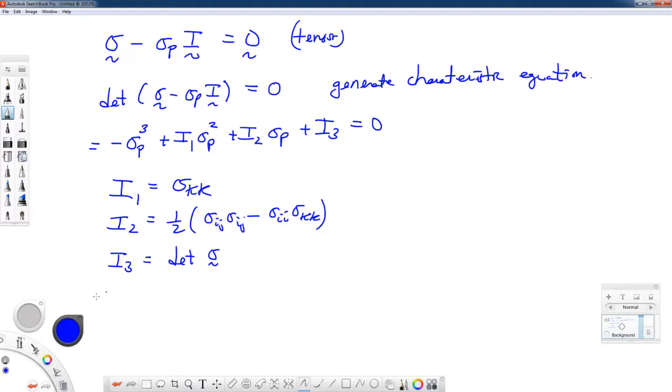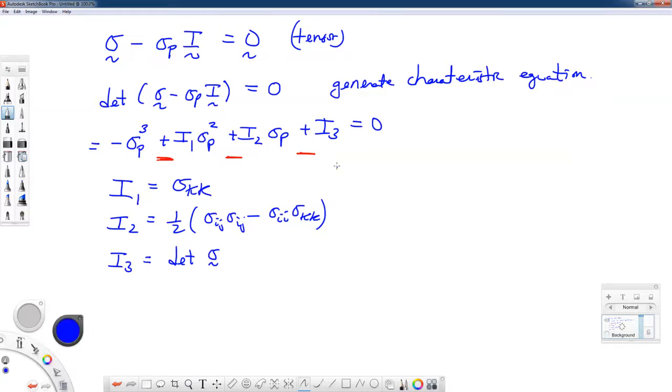Now, one thing I want to point out here again, I think we did this when we talked about strains, is some books will alternate the signs of these terms and write these invariants in a slightly different way. So you may see somebody have a minus sign right here on the I2 term, and then the I2 term would be 1/2 sigma ii sigma kk minus sigma ij sigma ij. Just depends on which book you're looking at.